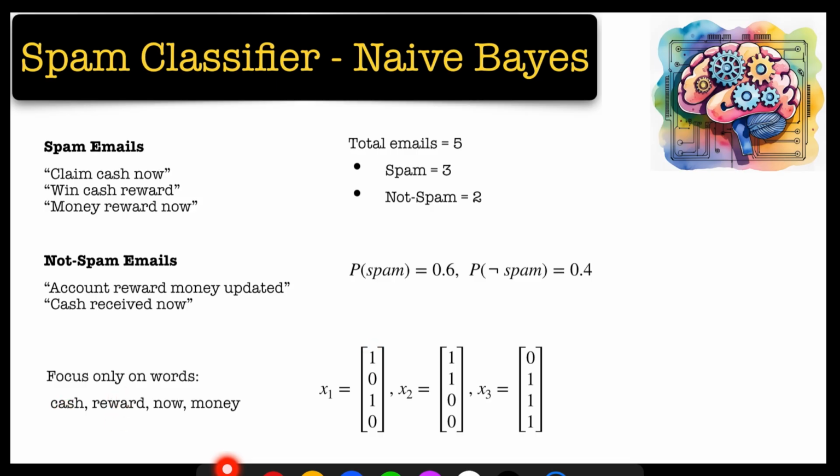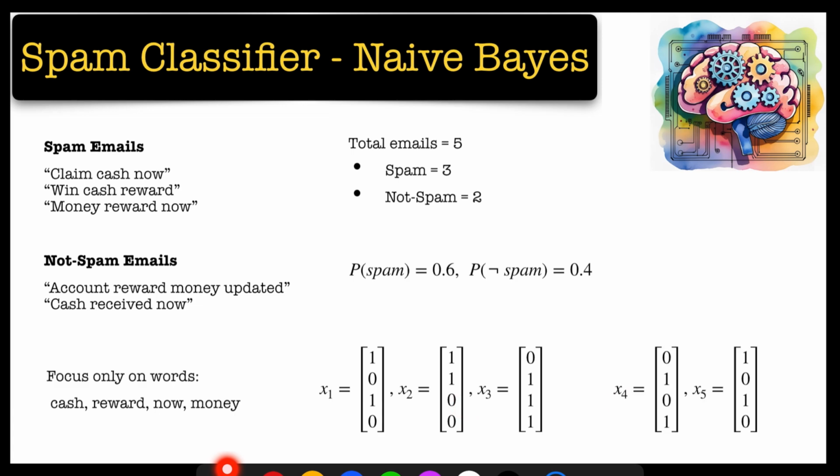Reward? 0 times. Now? 1 time. Money? 0 times. For the second one, win cash reward: cash occurred 1 time, reward 1 time, and now and money 0 times. In this way, we convert the raw text emails into vectors.